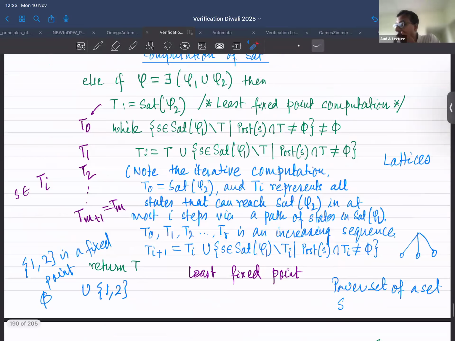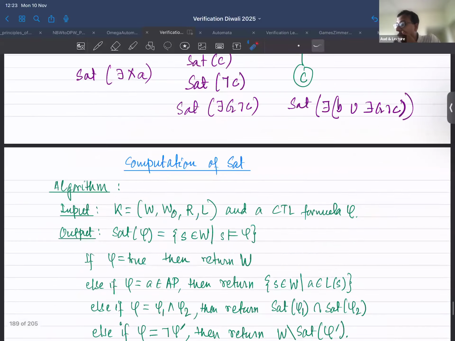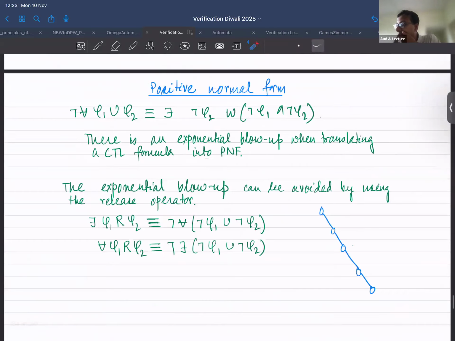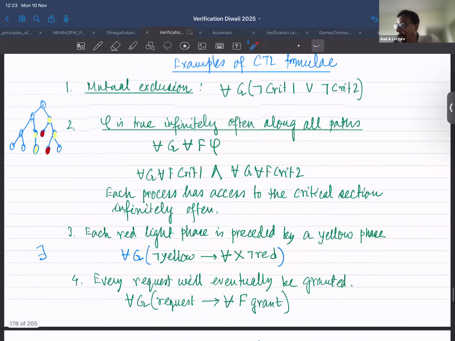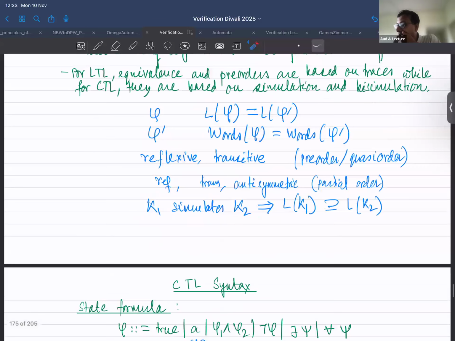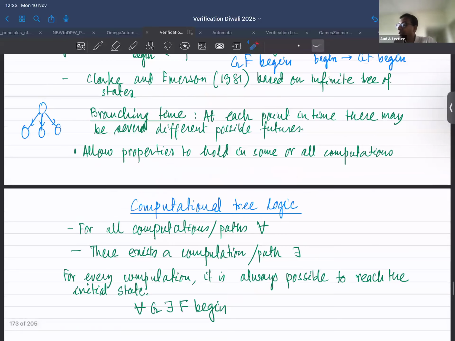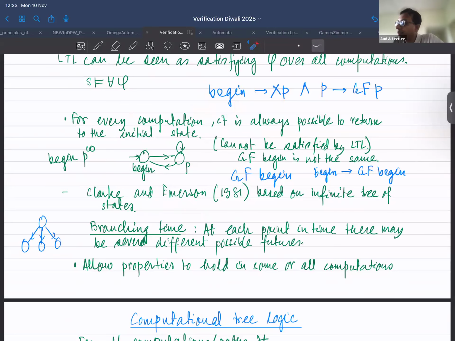Right. So we had something like the following. This says that for every computation, it is always possible to return to the initial state.